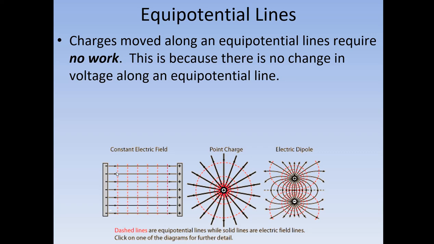But if you maintain the height of the book and you move it to the other side of your room, that requires no work because you're maintaining the same potential energy throughout. You're not changing the height of that book. Just like that scenario, moving along an equipotential line, you do not change the voltage, therefore it requires no work. It's free movement essentially, and that's it.